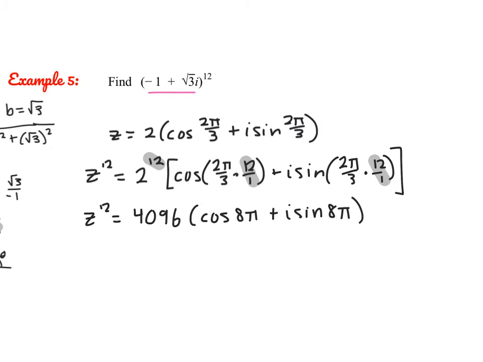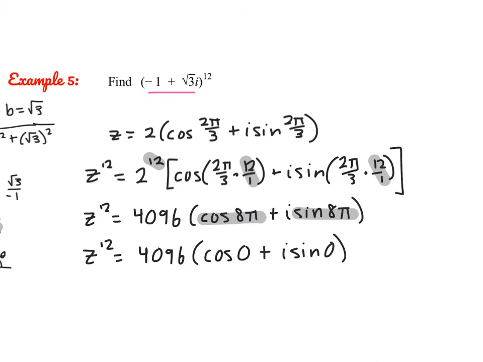And just to make this a little bit easier to simplify, I'm going to rewrite this with a smaller coterminal angle, and in fact, a coterminal angle to 8 pi is just 0. And now we just have to finish simplifying. So cosine of 0 is 1, sine of 0 is 0.